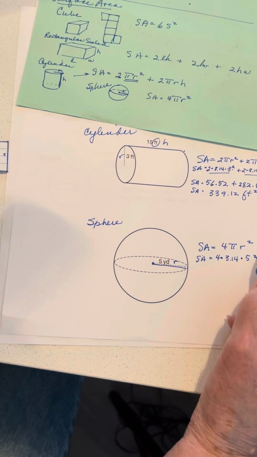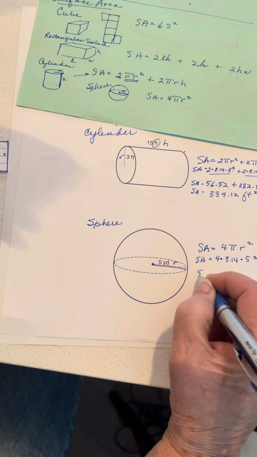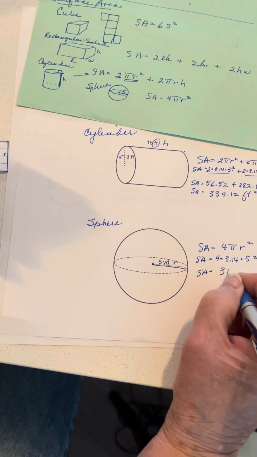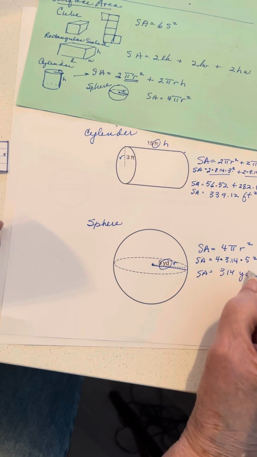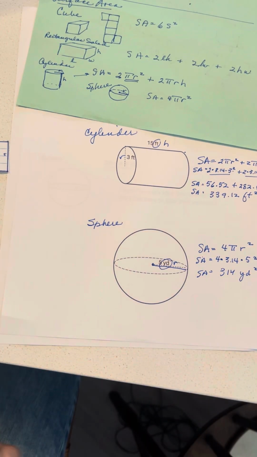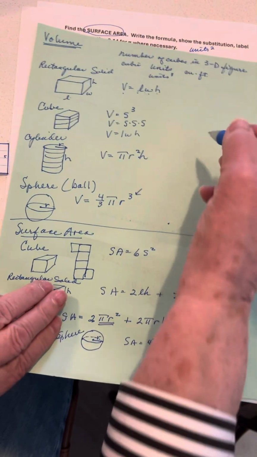So I'm thinking 5 squared is 25, times 4 would be 100. And we're taking 100 times 3.14, which would be 314 square yards. Surface area is in yards, volume is in cubes, area is in squares.